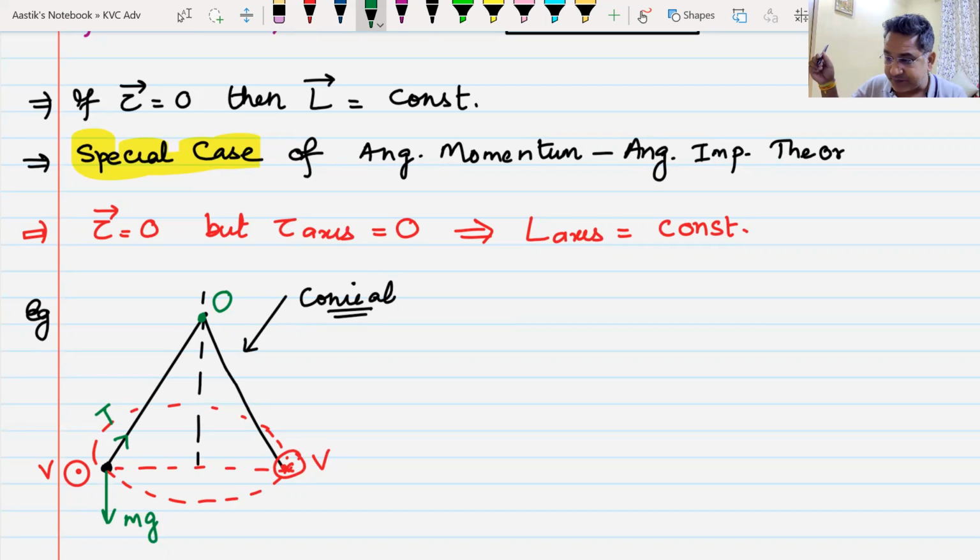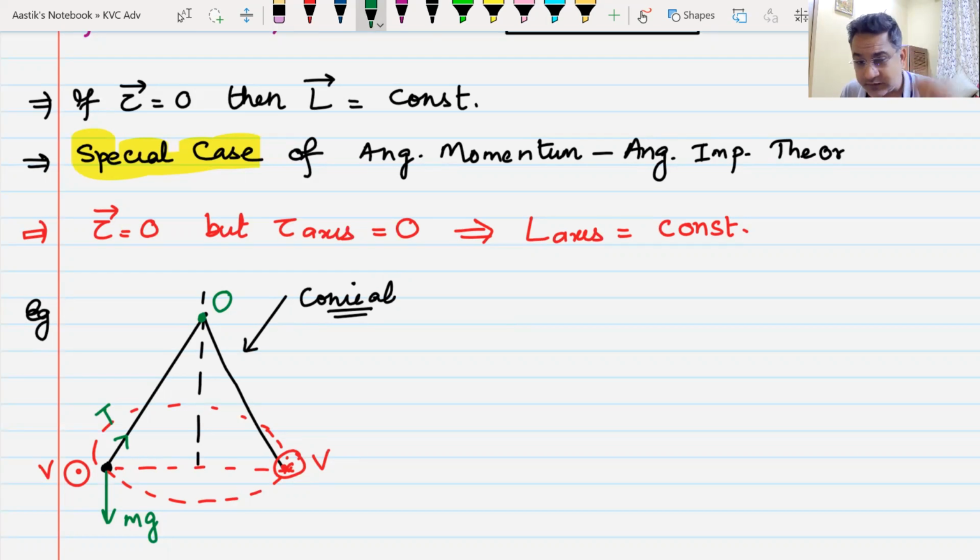Do we understand this? So the torque of the weight is not zero about the point O. Torque of tension is zero about the point O, but torque of weight is not zero about the point O. But still there is one axis about which the torque of weight is zero.